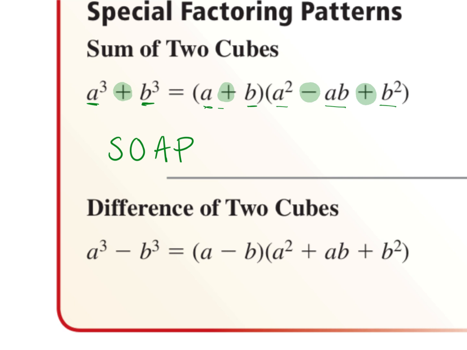Same with the difference of two cubes. If we're subtracting, we have the same sign, the opposite sign, and the last one is always positive. So SOAP stands for same, opposite, always positive. So it's just a little trick to remember the signs. Yes, you need to remember these formulas.